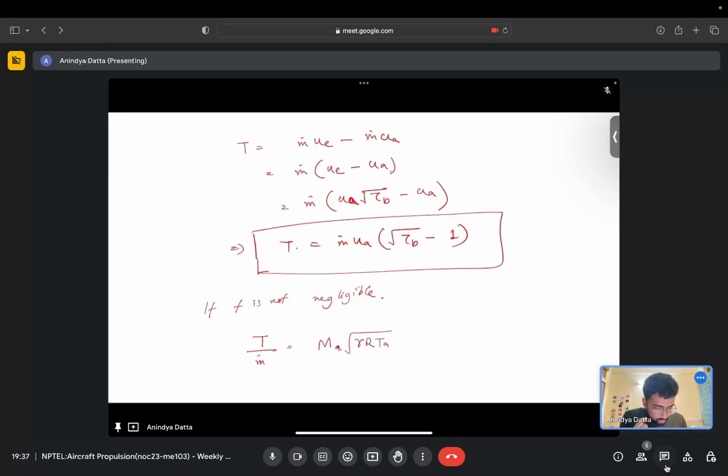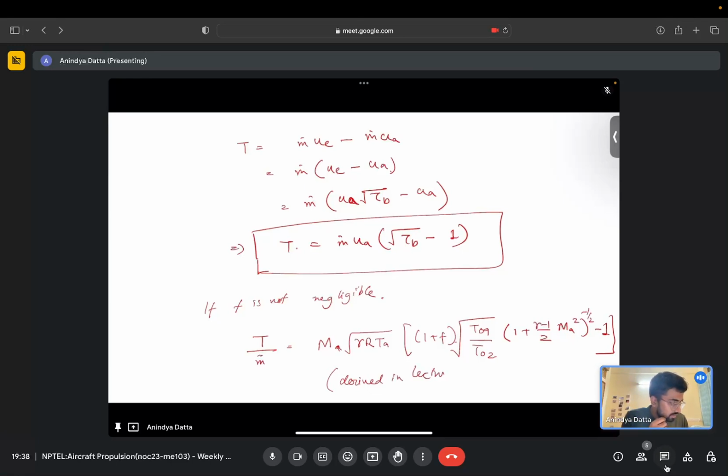So this is basically UA times 1 plus F, square root of T04 by T02, to 1 plus... so you get a complicated expression like this. Okay, so this is what is derived in lectures.